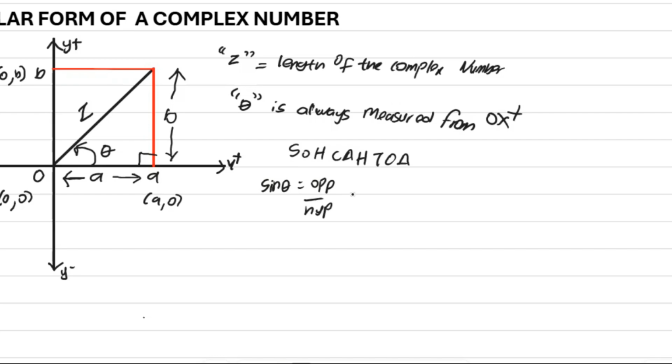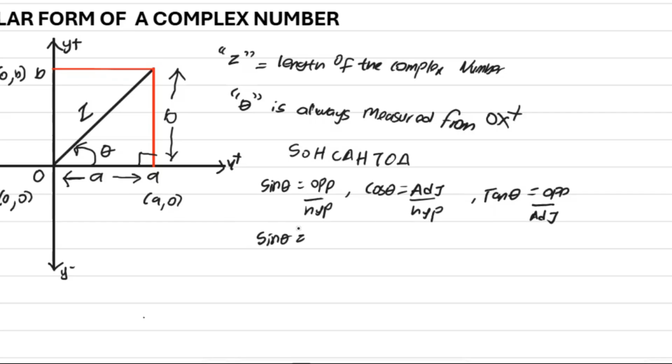Hypotenuse. We know that cos theta is equal to what? Adjacent over what? Hypotenuse. We know that tan theta is equal to what? Opposite over what? Adjacent.